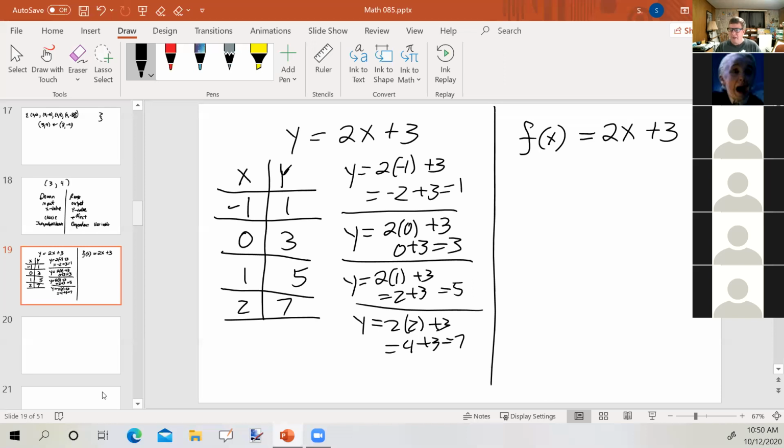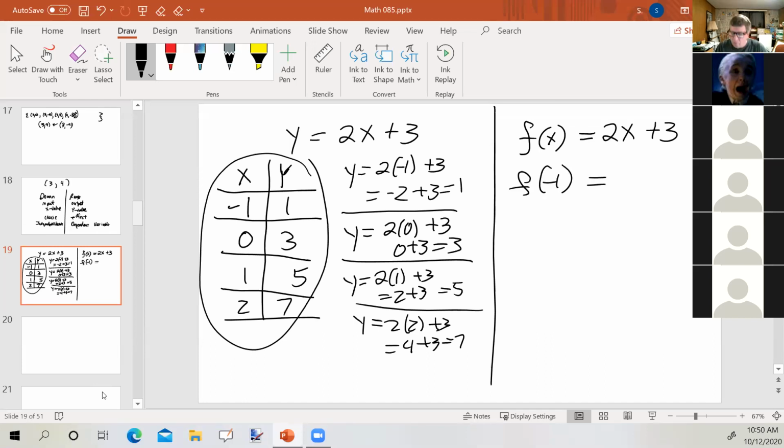Okay, now, how do we use that? Well, we're going to find the same ordered pairs that we found over here, but using function notation. If I want to know what y is when x is -1, I would say f of -1 equals. Notice I'm putting the input on the inside in place of the x.